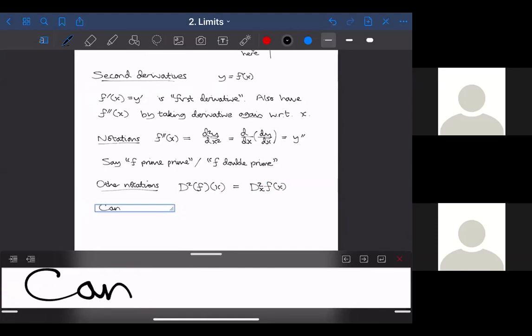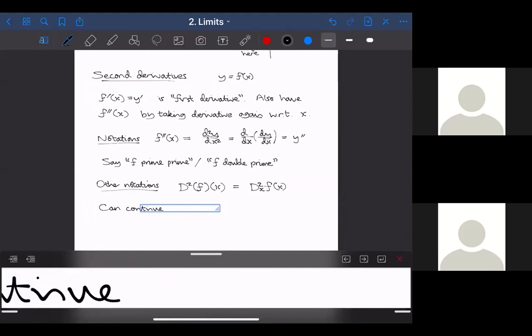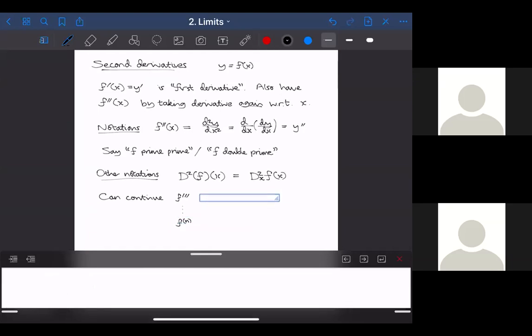So we can continue also with f triple prime and 4 primes. In the end, we stop writing primes, of course, and we write f with a power in brackets, f to the n.